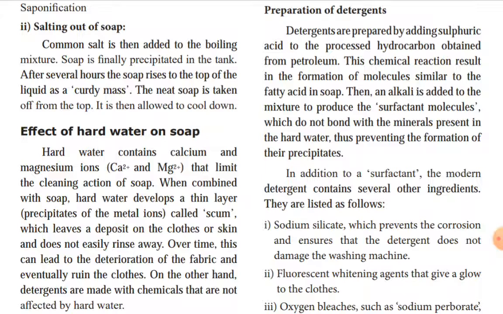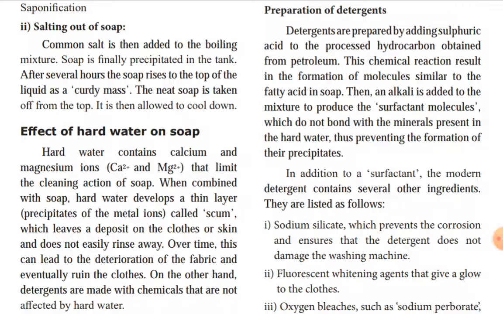When you rinse several times, a little portion can be removed, but the scum, the dirty precipitate, stays with the cloth and will not be easily removed. Over time, this can lead to deterioration.